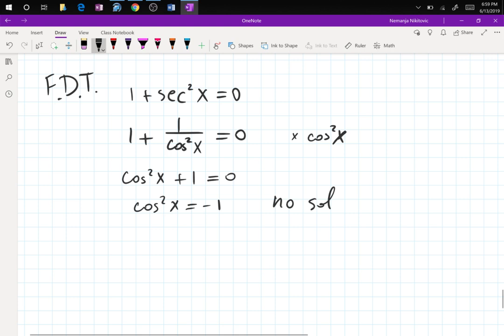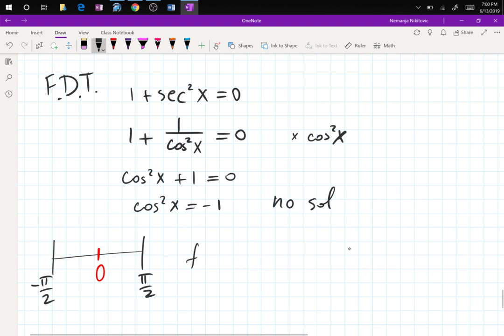Now, we only have our endpoints, negative pi over 2 and positive pi over 2, so we can just pick a point. Everything is one partition, so this entire function is either always increasing or always decreasing. Let's find out.